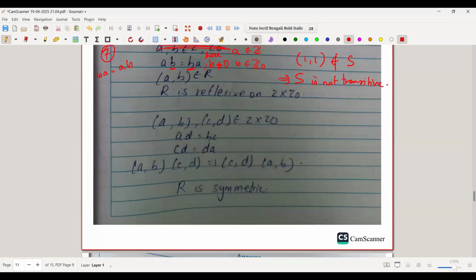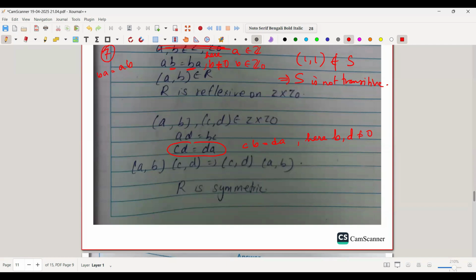ad equal to bc. This implies cb equal to da. So here b and d are not equal to 0.